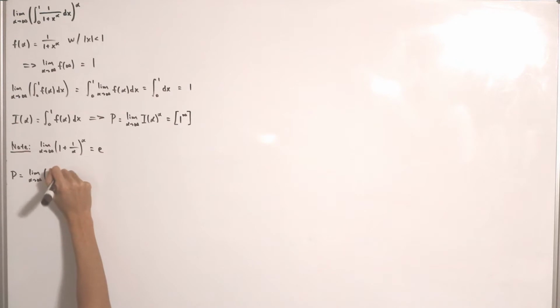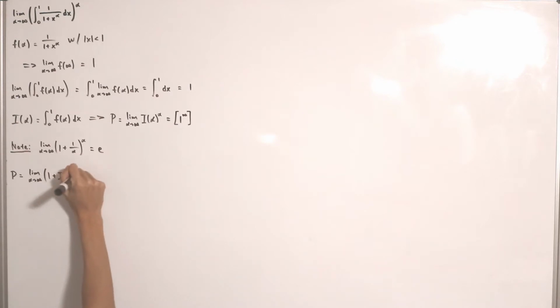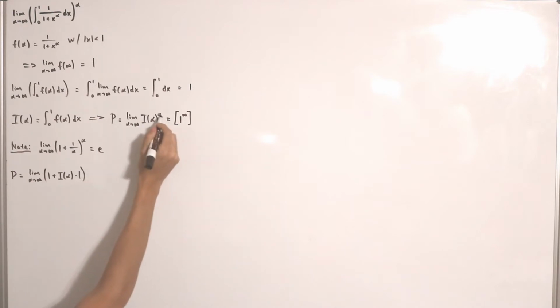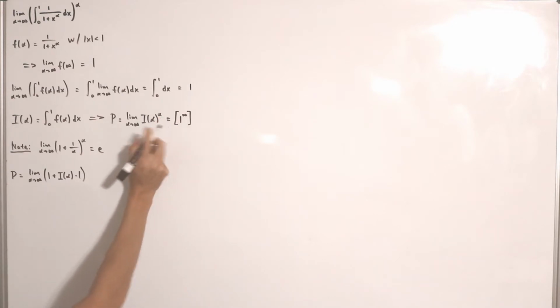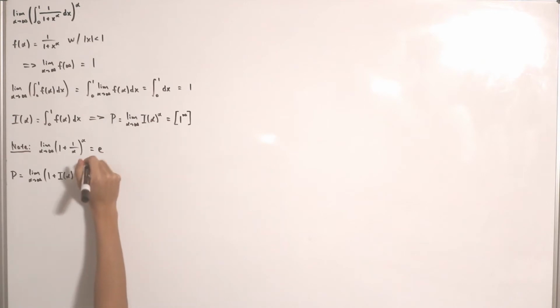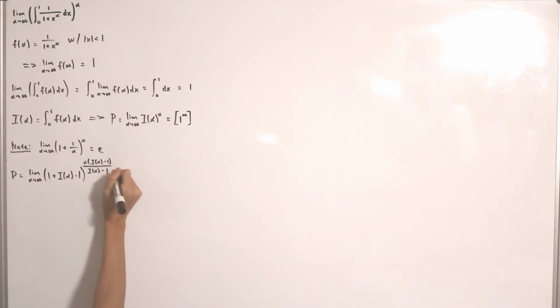So 1 plus I of alpha minus 1. And then I want to rewrite our power alpha a little bit differently. So what I'm going to do is multiply and divide by I of alpha minus 1. So this means we have this minus 1, and then this is being divided by I of alpha minus 1.